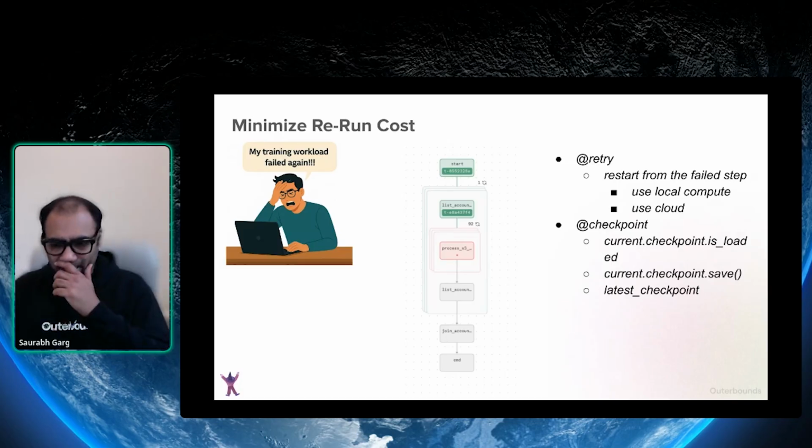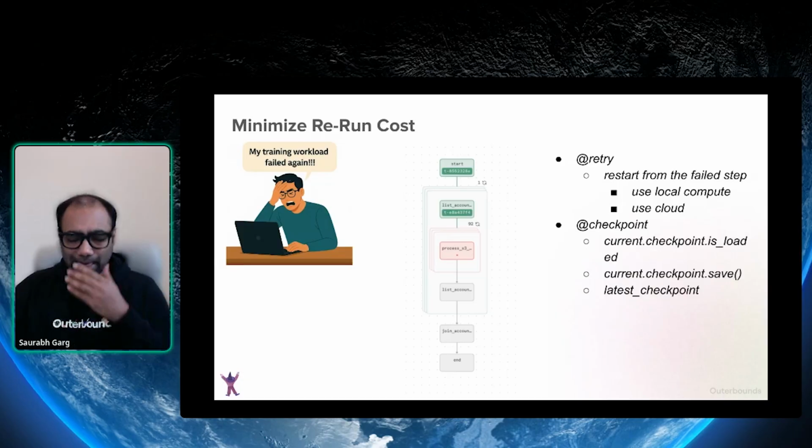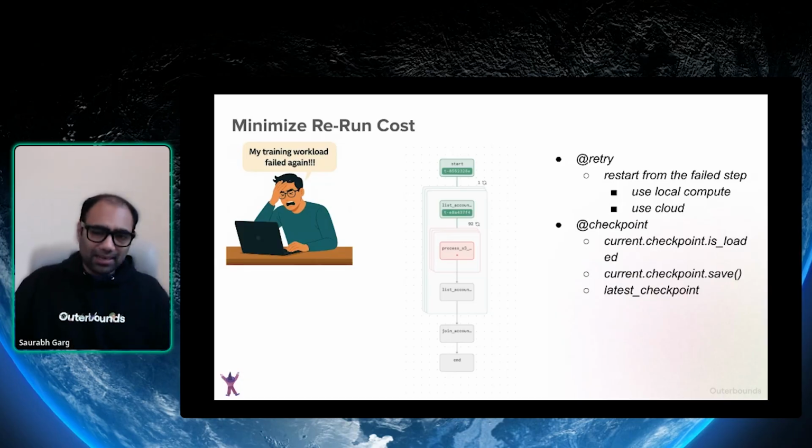Checkpoint, as the name suggests, allows you to save your state midway as you go through a particular step. Consider the case of GPUs. You might be at epoch 0 versus epoch 5, epoch 10, epoch 15.